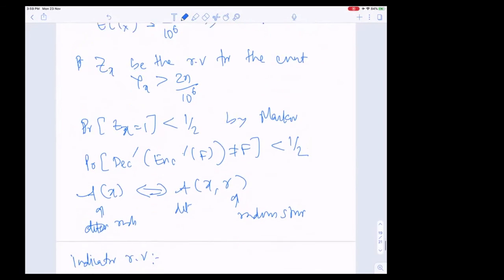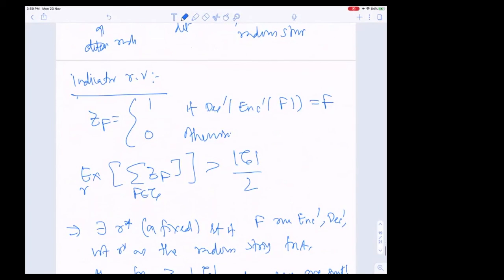And then we said, okay, fine. The number of strings for which the decoding algorithm succeeds for a particular string is huge. In particular, the same string succeeds for a large fraction of my strings, where encoding and decoding happen correctly.